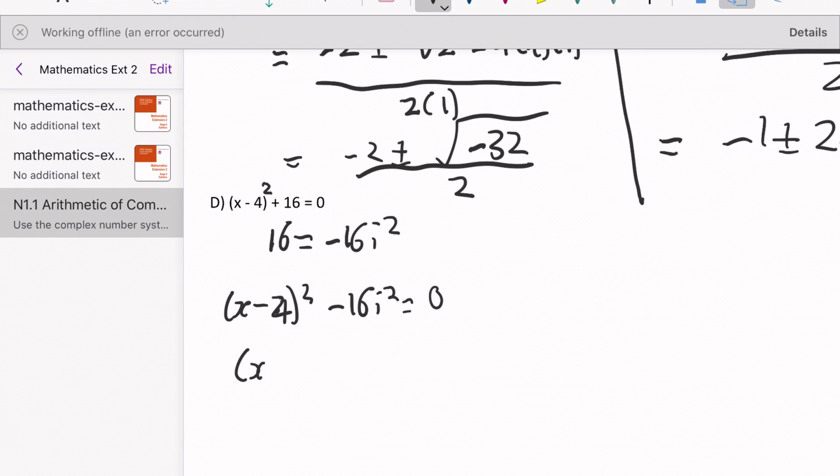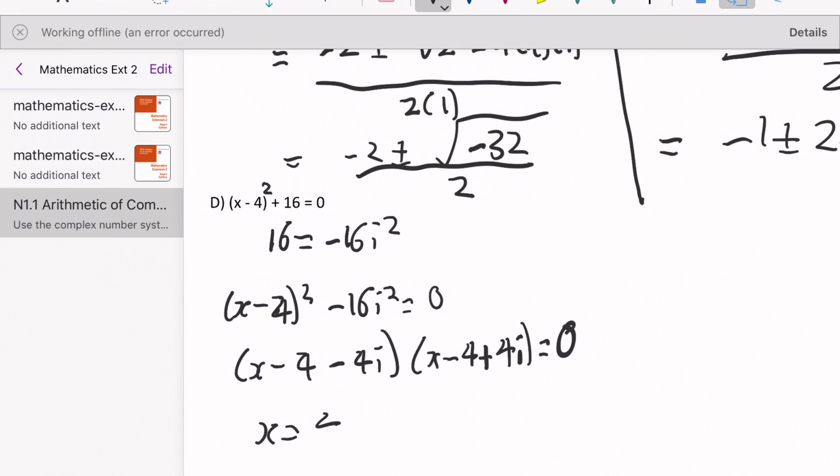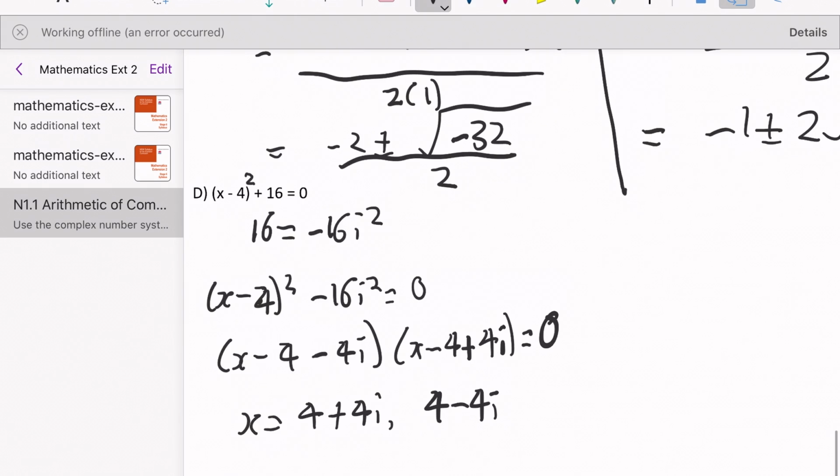So now we can write it as (x minus 4 minus 4i) times (x minus 4 plus 4i) equals 0. So our two solutions will be x equals 4 plus 4i and 4 minus 4i. Again, we've been able to get our two solutions. And in this case, again, they are unreal solutions.